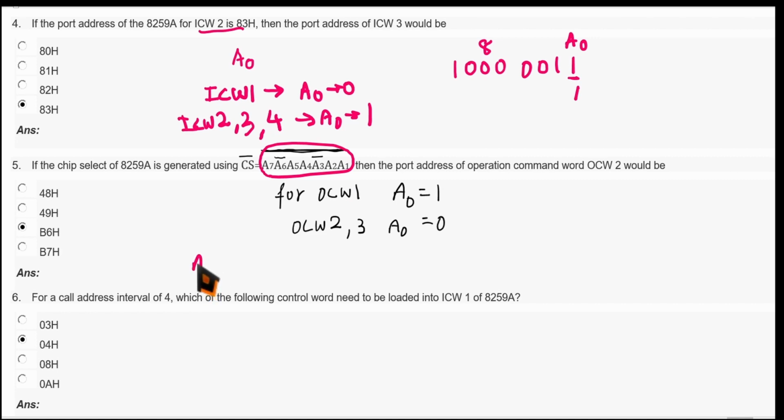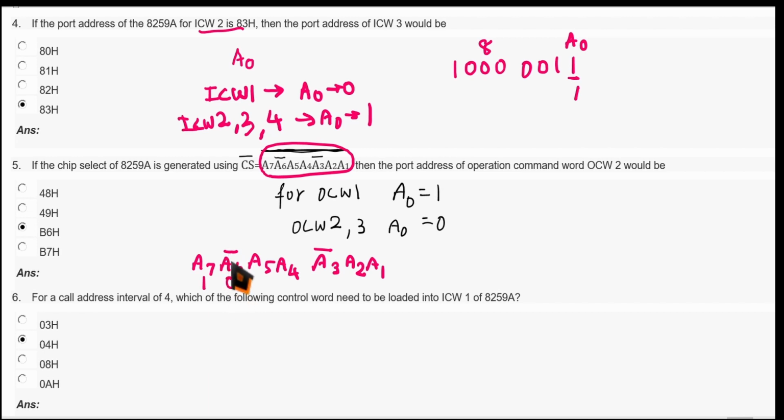That means A7, A6 bar, A5, A4, then A3 bar, A2, A1 should be equal to 1. For this, you put this one as 1 because all are ANDed. So here you should get 1, then only the overall thing will be 1. So to get 1, you put 0.